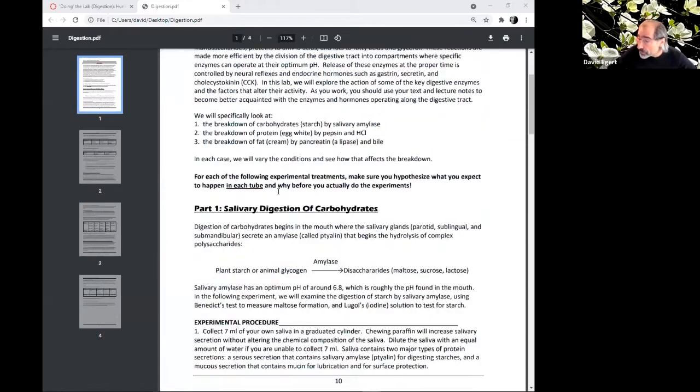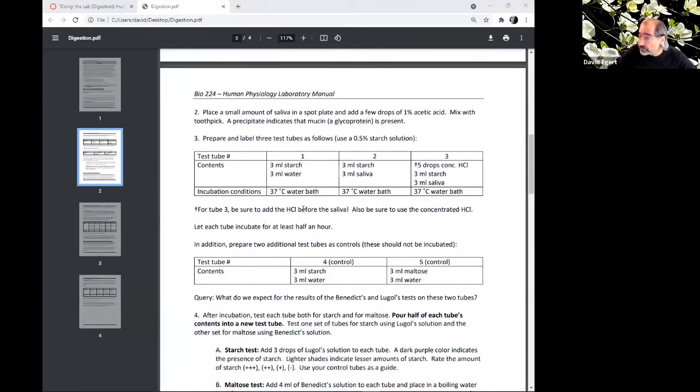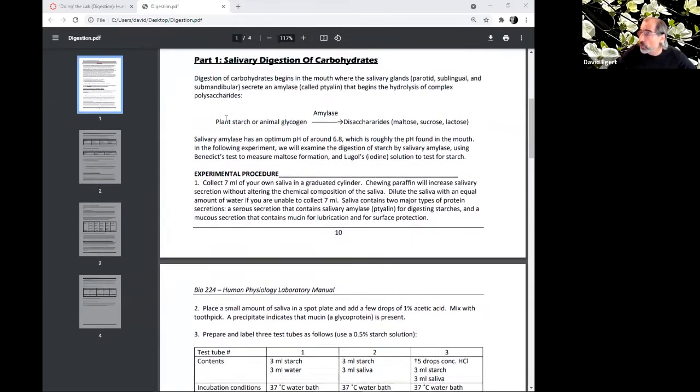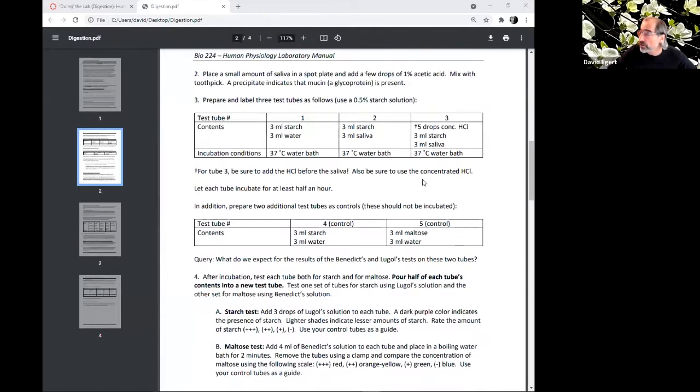So again, for part 1, which tube do you think is going to have the best breakdown of starch?